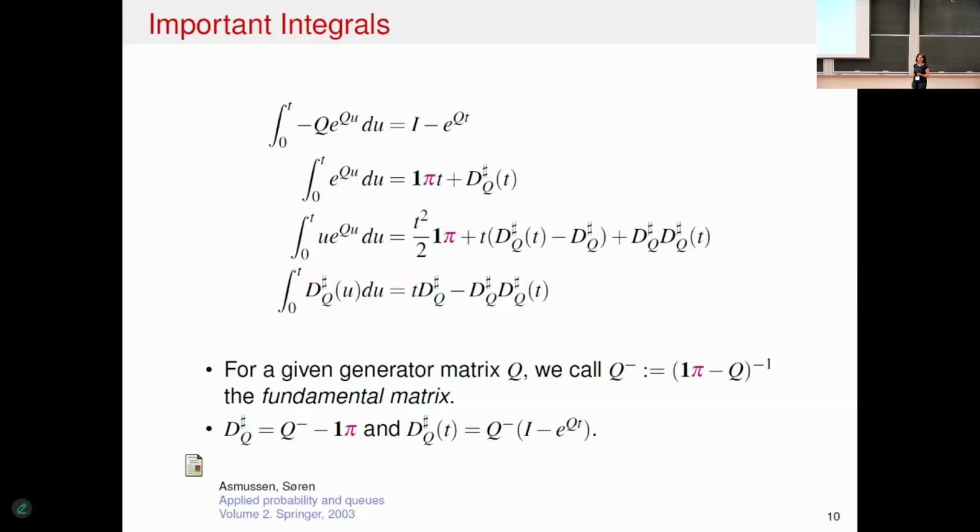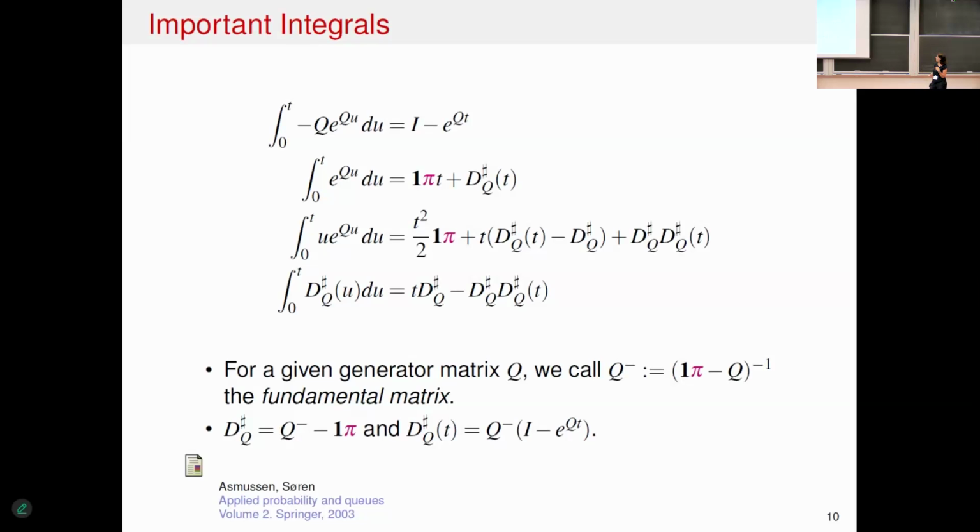I use Asmussen's book as a Bible or as a dictionary. I use it for all of my calculations, but I found that something doesn't work. So I started working through all the calculations in Asmussen's book.